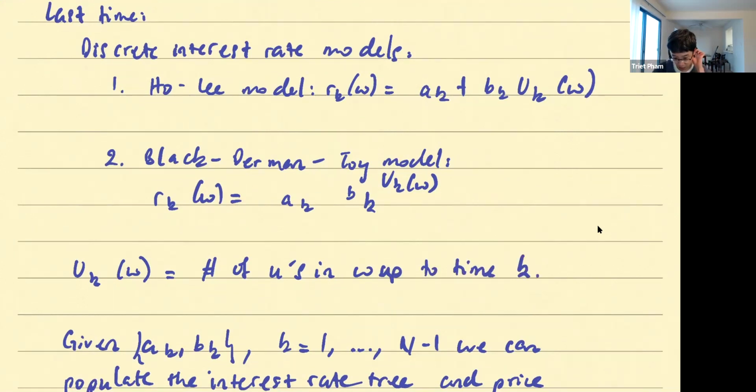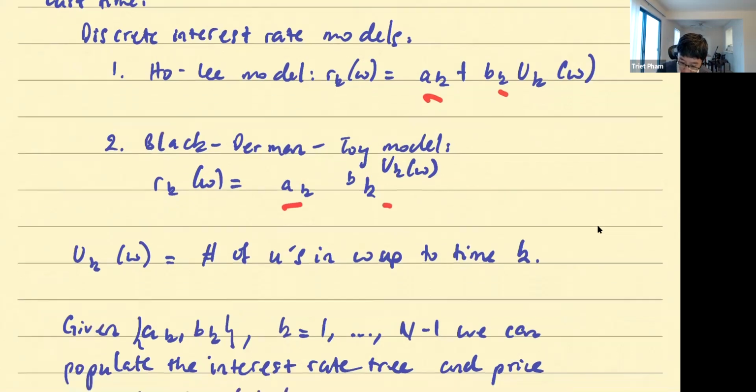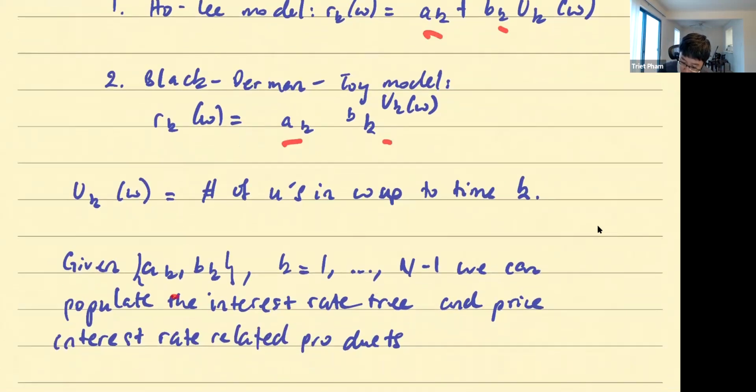The a_k, b_k are the parameters of the model. If we're given these parameters up to time n minus 1, we can populate the interest rate tree and price interest rate related products up to time n.